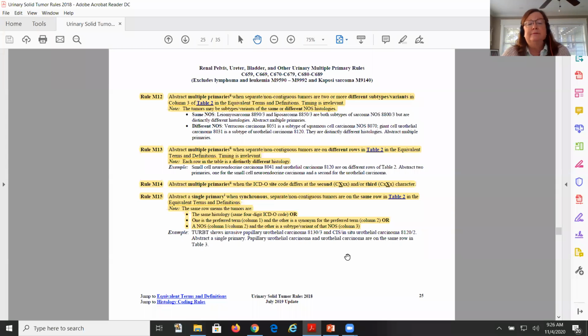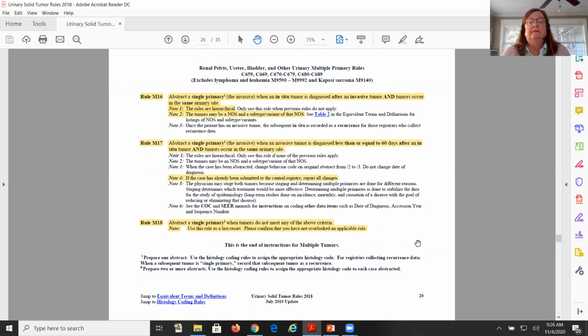M15, abstract a single primary when synchronous or separate non-contiguous tumors are on the same row in the histology table. This means they can be the same histology or the NOS histology and a synonym of that histology, or an NOS histology and a subtype variant of that histology.